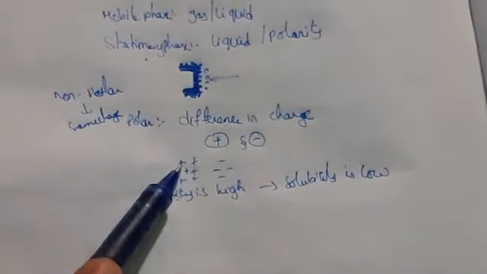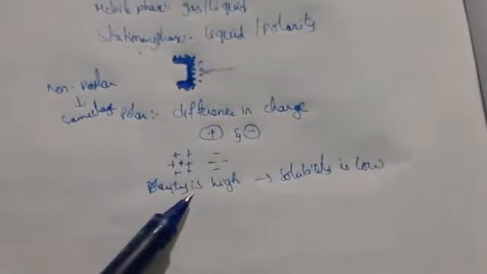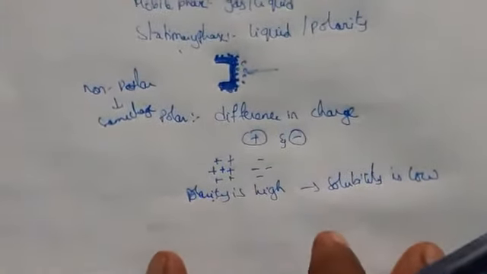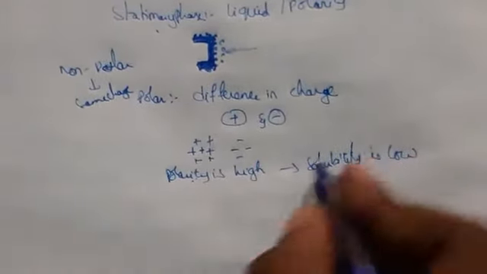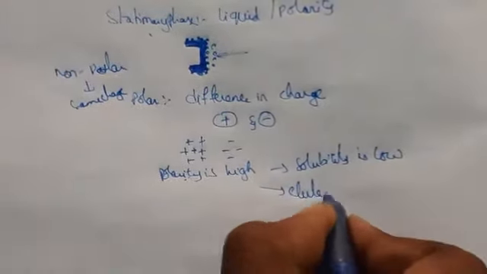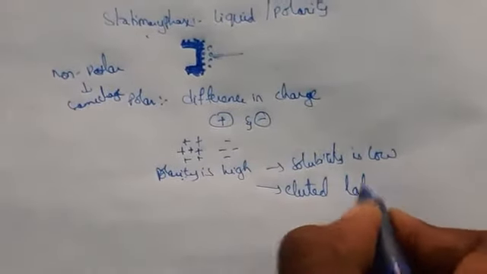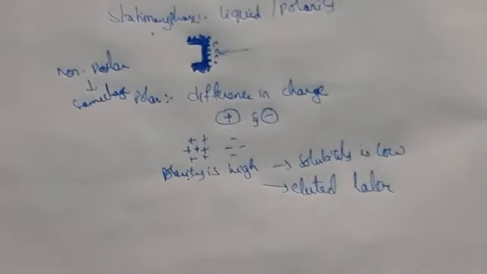Whenever it attracts the liquid molecules, automatically the mobile phase is not going to separate. It will take some time to separate, meaning the elution will be later. So the elution is later because the solubility is low.